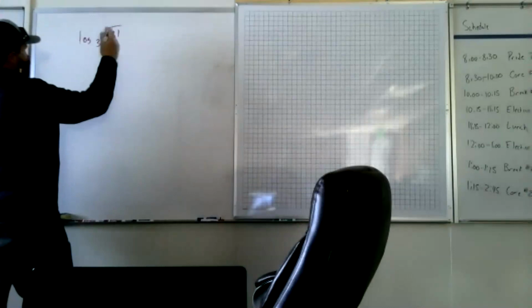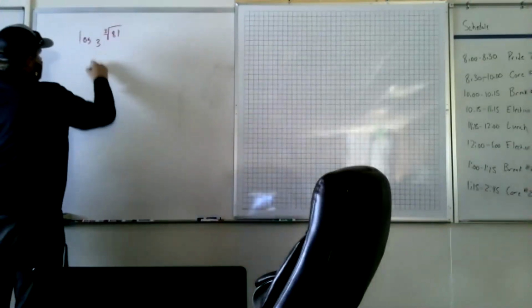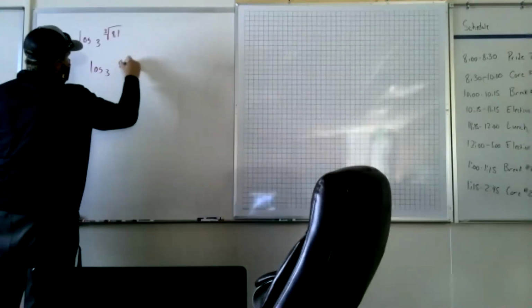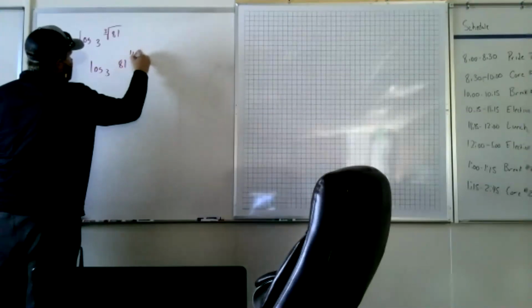First thing, I'm going to use rational exponents. So that gives me log base 3 of 81 to the 1/3, because that's the cube root.